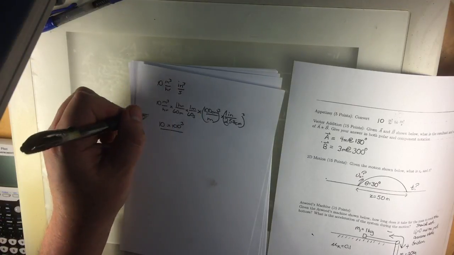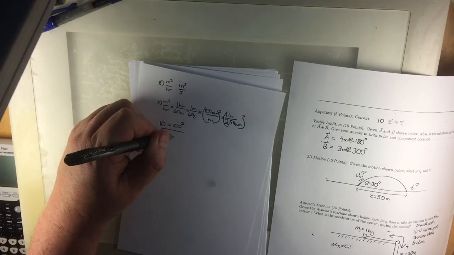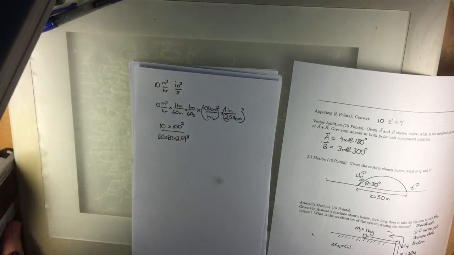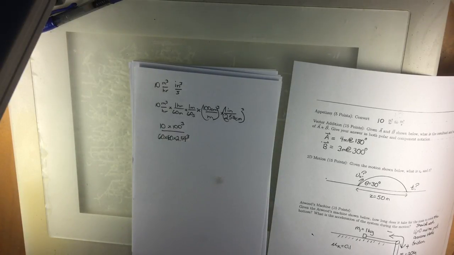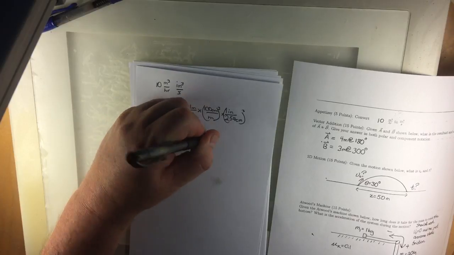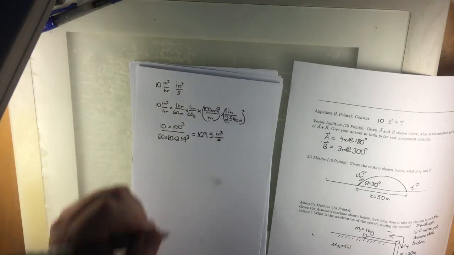So it's 10 times 100 cubed, over 60 times 60 times 2.54 cubed, and then so I get 169.5 cubic inches per second.